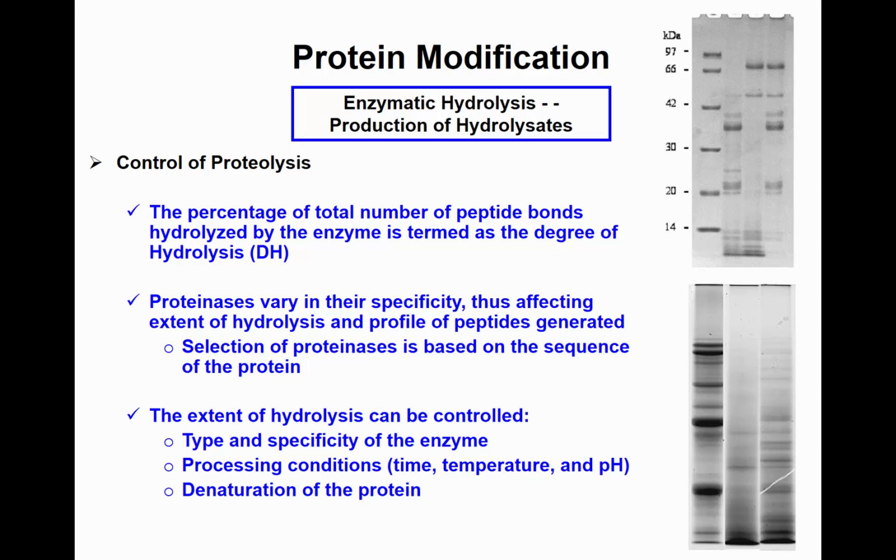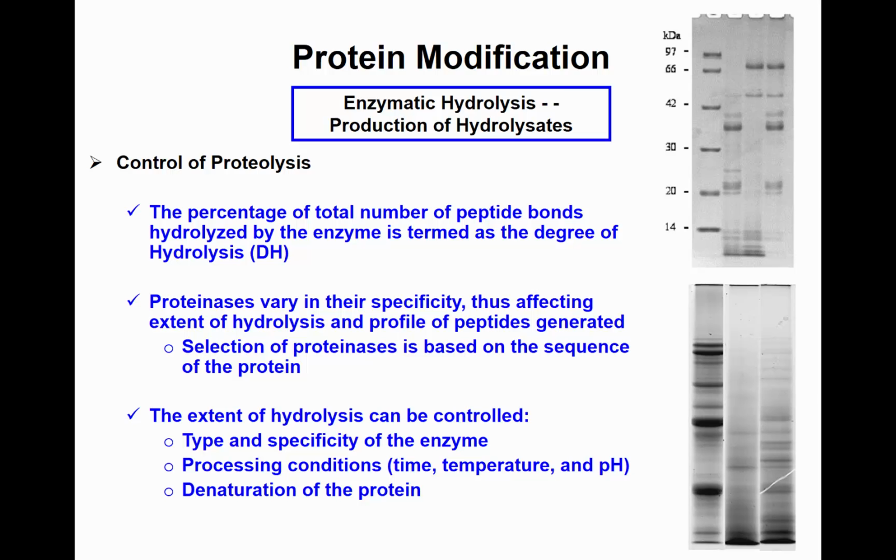Another way of controlling proteolysis or directing the production of certain peptides is the specificity of the enzymes that you choose. Different enzymes have different specificity, or regions where they chop your protein, and because of that you will end up with a different profile of peptides. Some proteases we call general proteases.